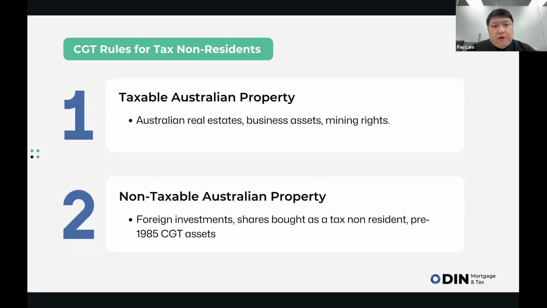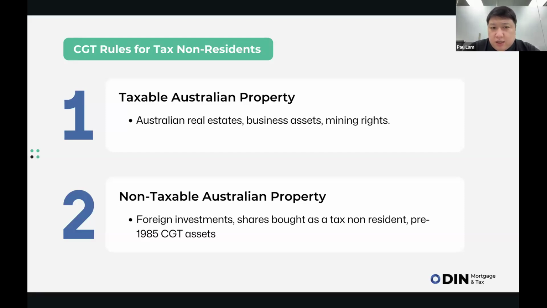So the rules for non-residents, we break it into two parts. One we call taxable Australian property. It's a terminology that we use with the tax office. What it means is that it only refers to Australian real estate, business assets, or mining rights, indirect ownership of mining rights, for example.